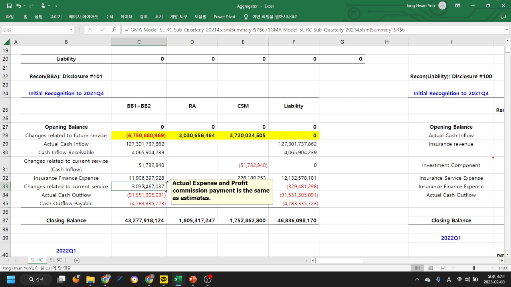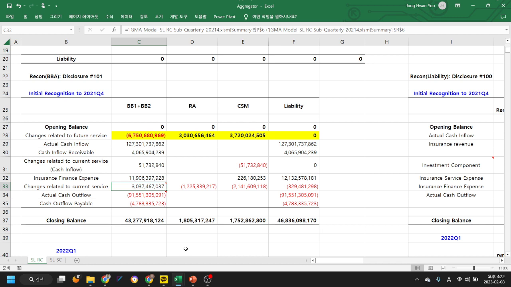That is another story, just ignore it. And this one is probably where the actual payment is bigger than the estimate of claim cash outflow. So I have a loss of a little bit over 3 billion actually.